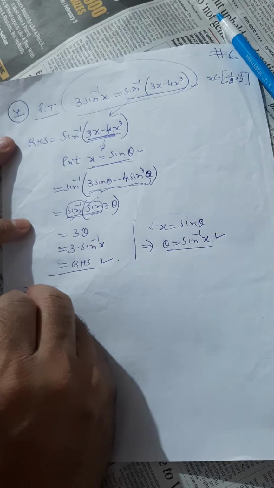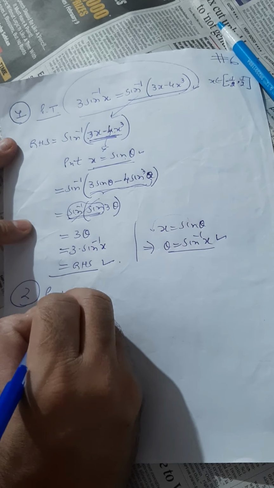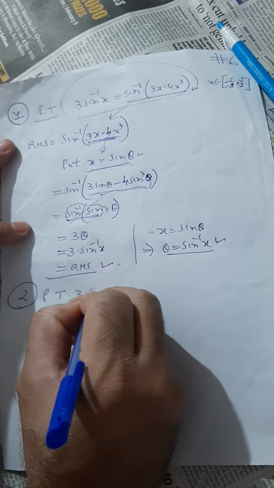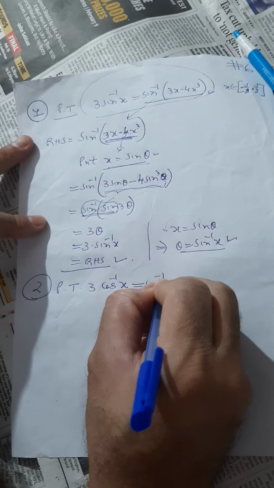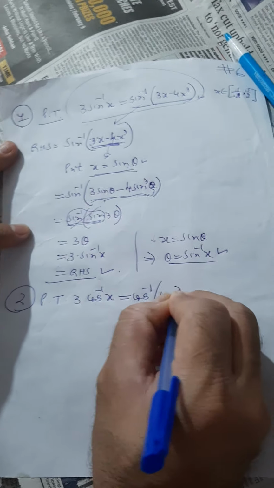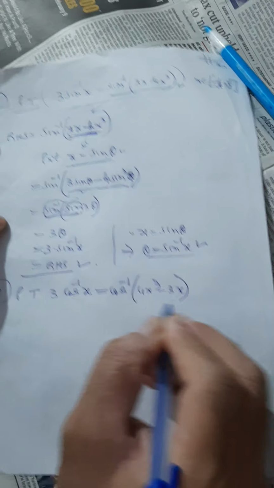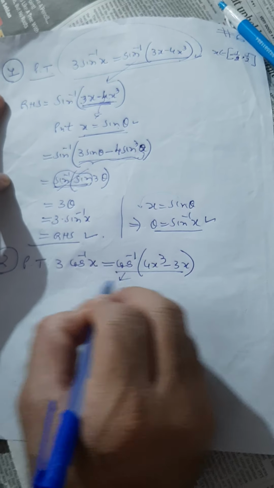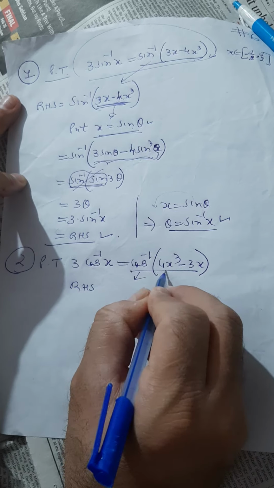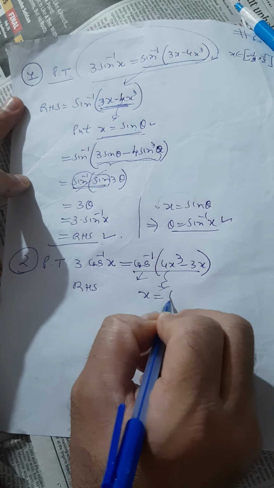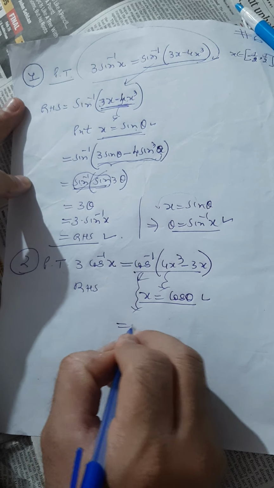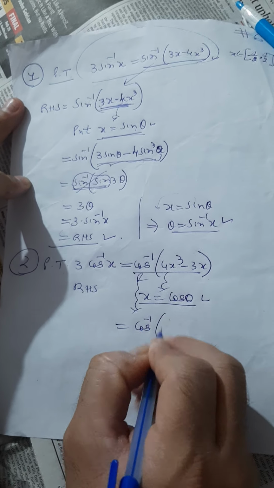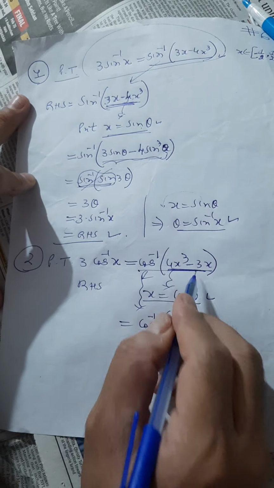And question number 2, the second question, there you are asked to prove 3 times cos inverse x equals cos inverse of 4x cube minus 3x. Same way, start with the RHS, right hand side, and put the substitution x equals cos theta. So you start with cos inverse of, you know, this is the formula of cos 3 theta.